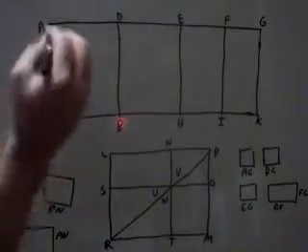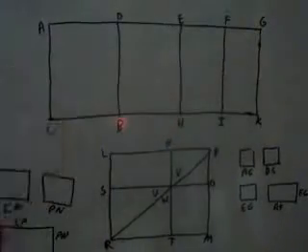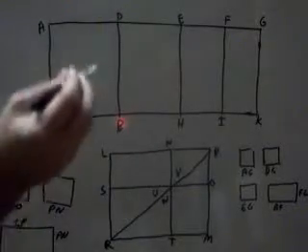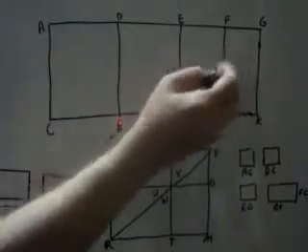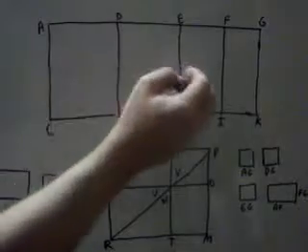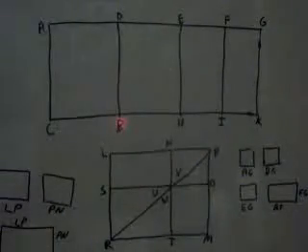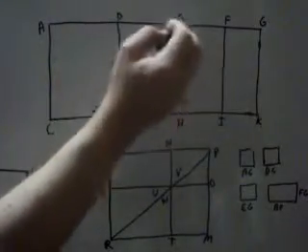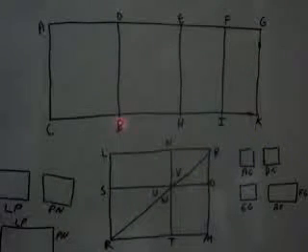But as AF is to EG, so is AI to EK. What is AI? That's this plus this plus this. What is EK? That's this plus this. So this area combined is to this area the same as this is to this.